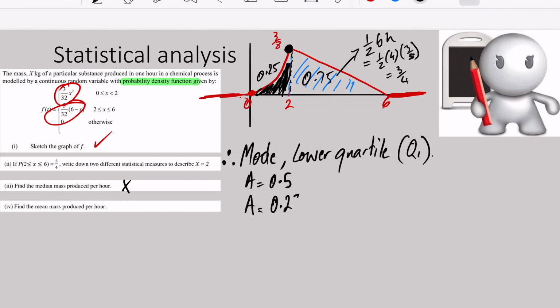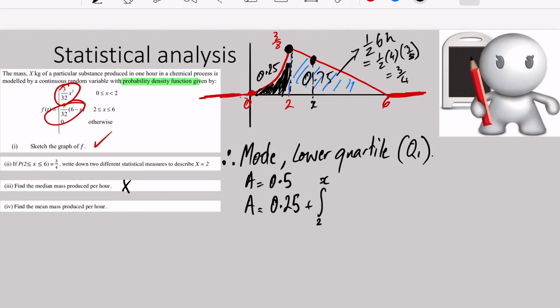That's 0.25. So what we now know is that the area on the other side, from 2 to 6, but we want to know the value of x, so it's going to be somewhere over here. Our median is going to be somewhere over here, x.